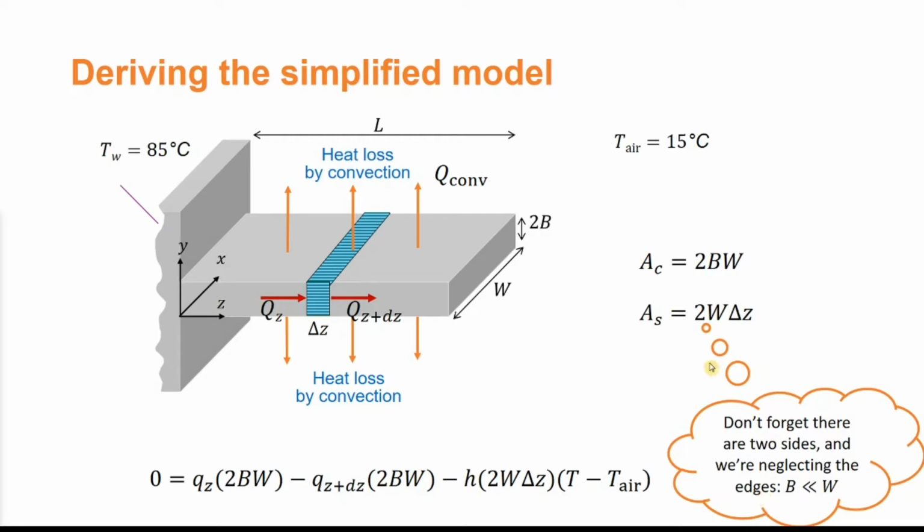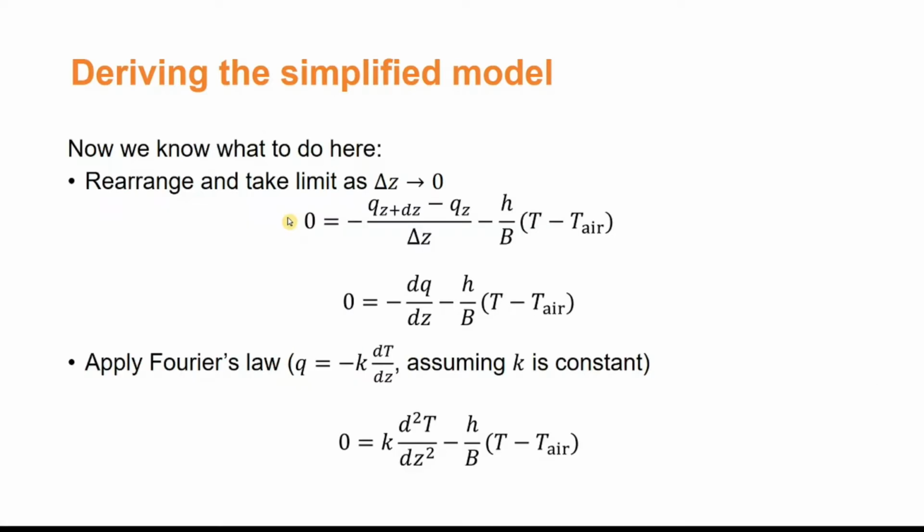We can now substitute the expressions for the areas AC and AS into the energy balance. As usual, we rearrange and take the limit as delta Z tends to 0, giving us a differential equation.